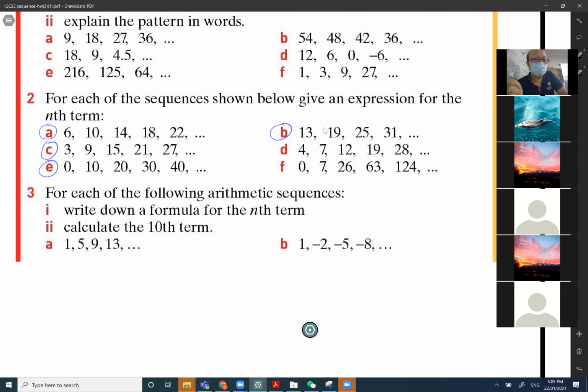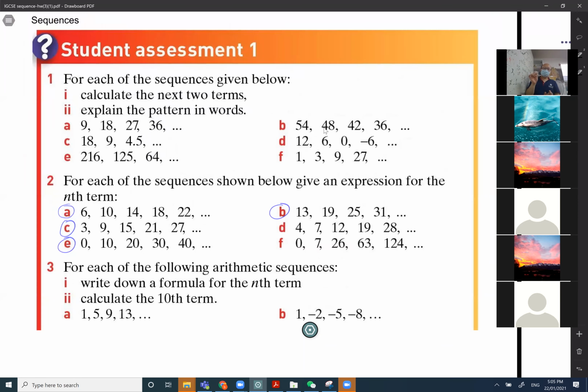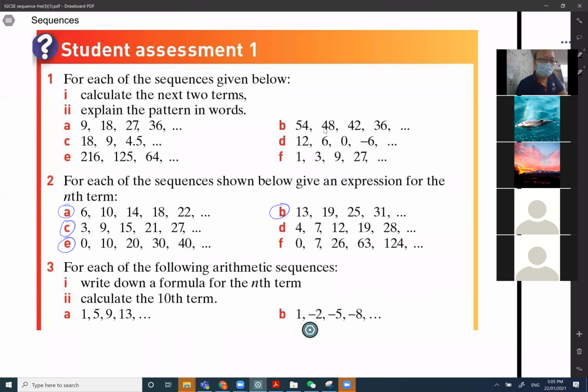We try the easy one first. That's the first case we learned. It's called the linear.